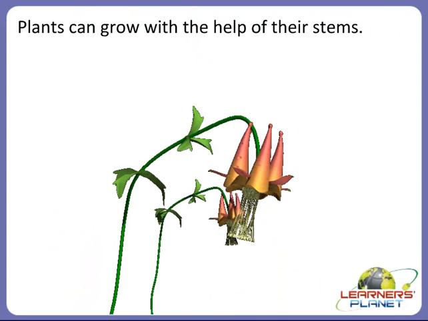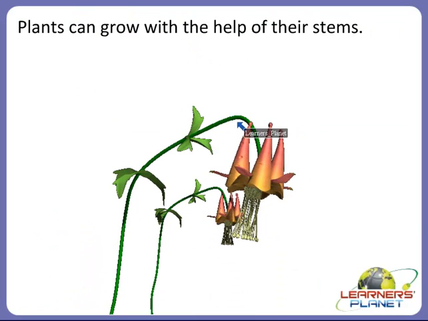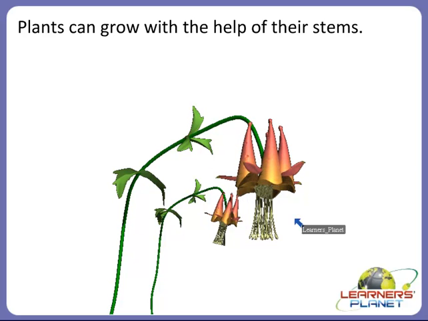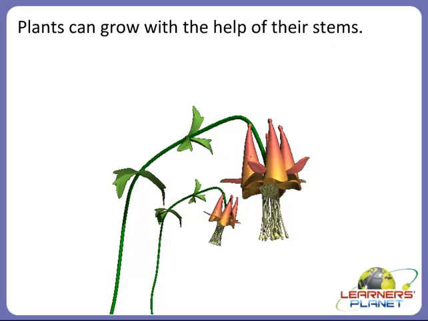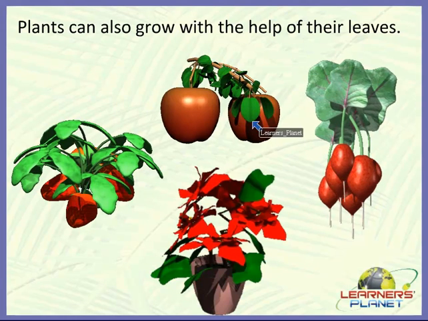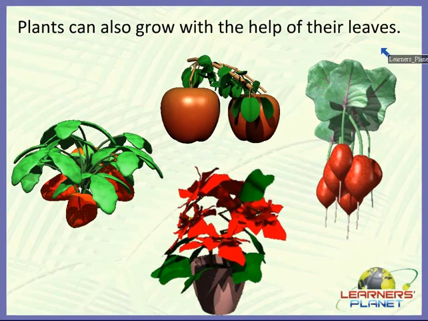Yes children, there are some other plants which can grow with the help of their stems, right? For example, which is this plant? This is a plant which is capable of growing with the help of its stem. In the same way, there is a third part of the plant, which is the leaf, right? So plants can also grow with the help of their leaves.